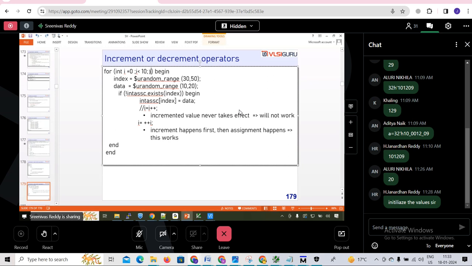If at all you decide to do it inside, why would you decide to do it inside? Only if the array has that element, and if it doesn't have the element, then only increment. It should be done in this manner. Or if you don't want to go roundabout, you do just I equal to I plus 1. This will also work.